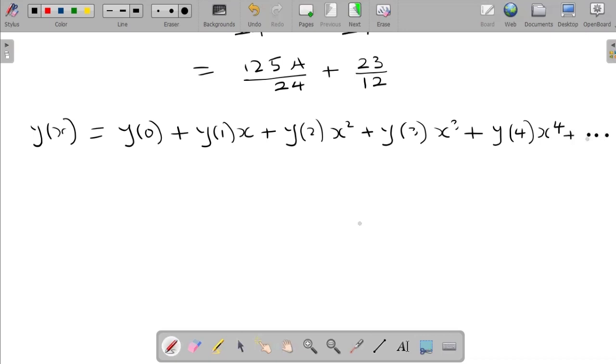So substituting the values, this y of 0 is 0 from the initial conditions.